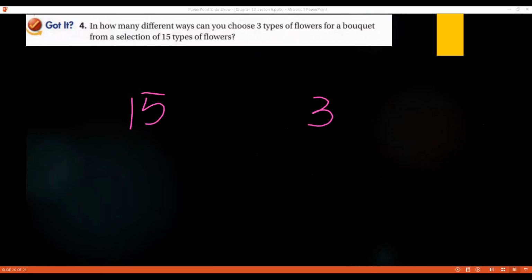Did I give you any order or arrangement? Or did I give each flower a specific job? Or do I tell you I want any 3 flowers from the 15? Yes, any 3 flowers. So you have to use combination.